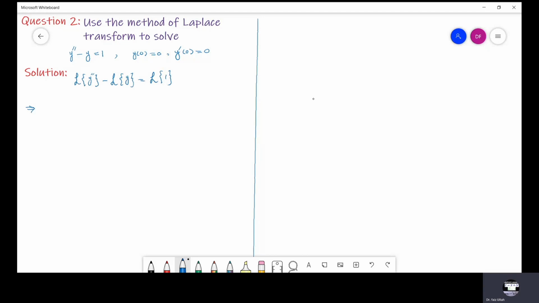Laplace transform of y double dash is equal to s square capital Y of s minus s y of 0 minus y dash of 0, and minus Laplace transform of y is Y of s. Laplace transform of 1 is 1 over s.